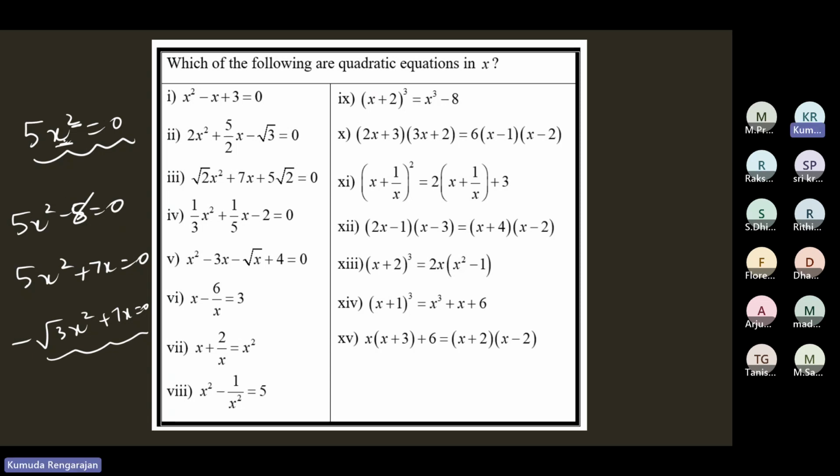Because in all the examples, the highest power of x is 2, which makes the equation quadratic.